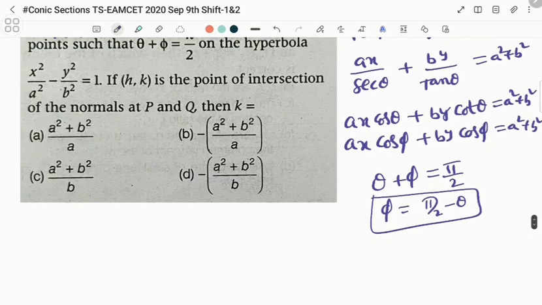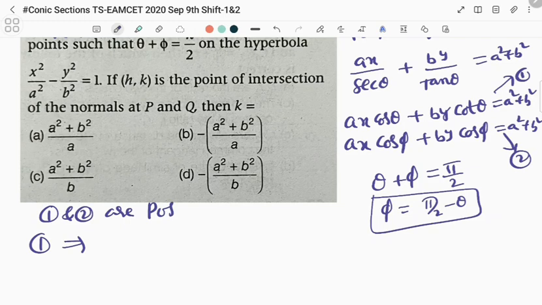So the equation 1 will becomes, this is equation 1, you take it, this is equation number 2, you take it. Equation 1 implies wherever phi is there, replace with pi by 2 minus theta. So these equations 1 comma 2 are passing through h comma k, you take it.